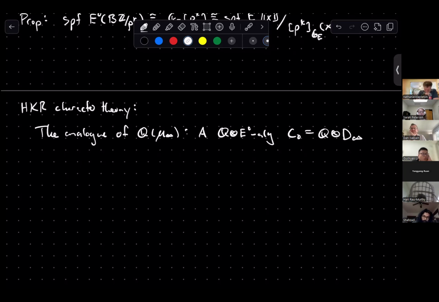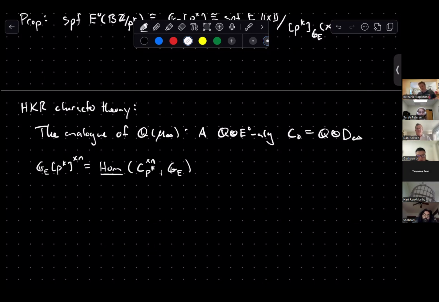So there's a thing that I can do. I can take this p^k-torsion in G_E, and I can raise it to the nth power. And a better name for what this is, is the group scheme of maps from C_{p^k}^n into G_E.